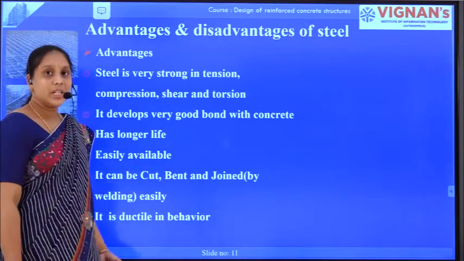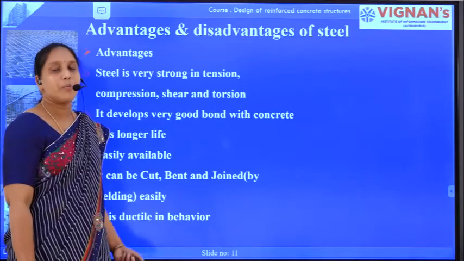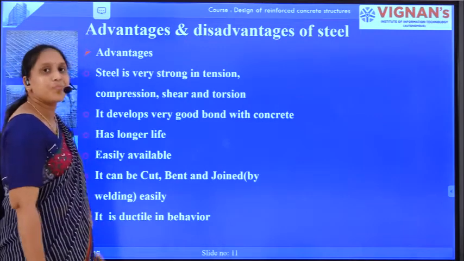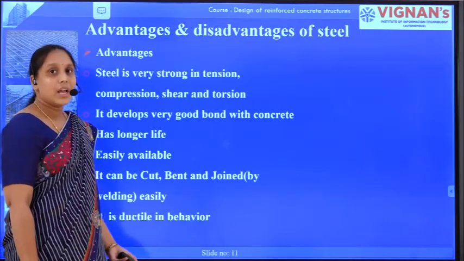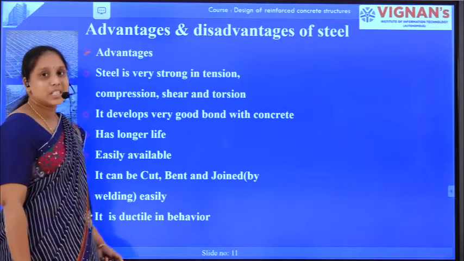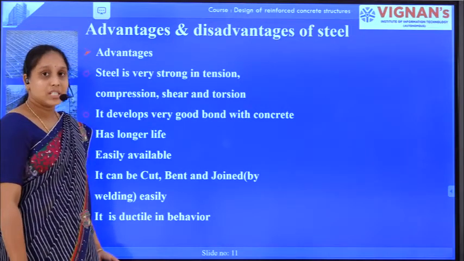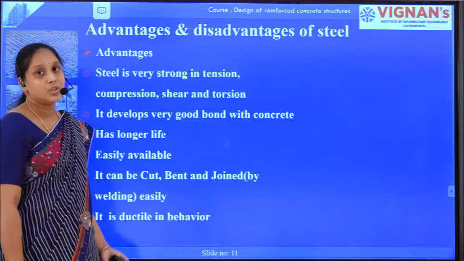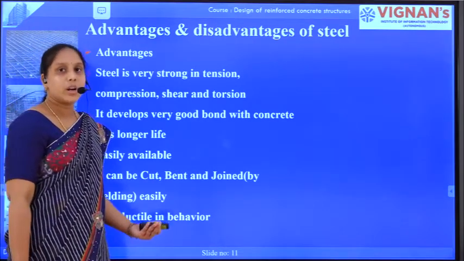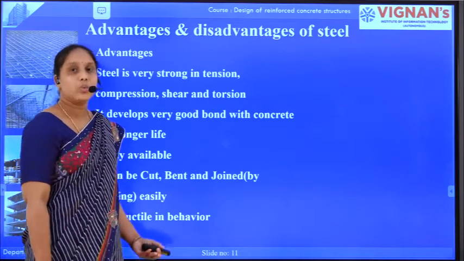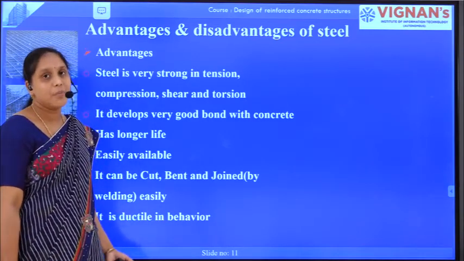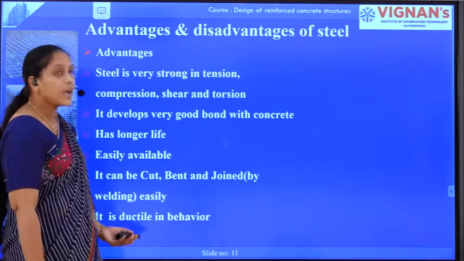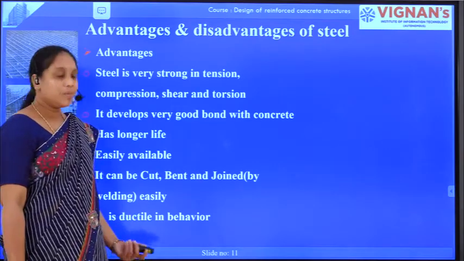And steel develops very good bond property with the concrete, as we have discussed earlier. Steel has a longer life, it is easily available, and steel can be easily cut, bent and joined. That is, to whatever length required you can cut it, we can easily bend it into the required shape and we can easily join them. So that is also an advantage of steel.